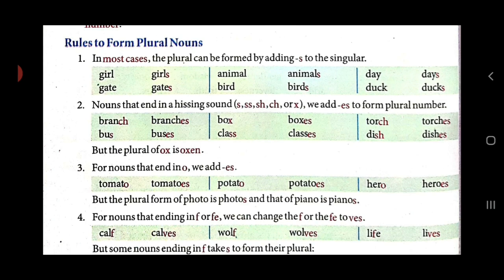But its plural is photos. That means they haven't added es. They have just added s to it. So there are few exceptional words, children, which you have to keep in mind. Then piano, it also ends with o, but its plural is just by adding s to it, pianos. Okay. So you have to keep these points in mind.